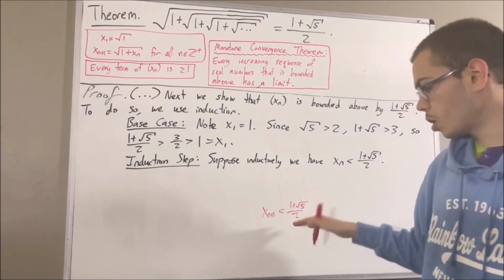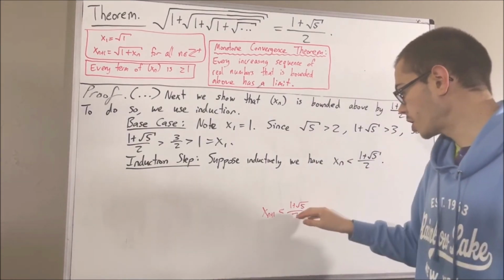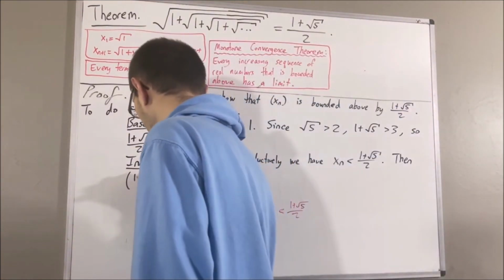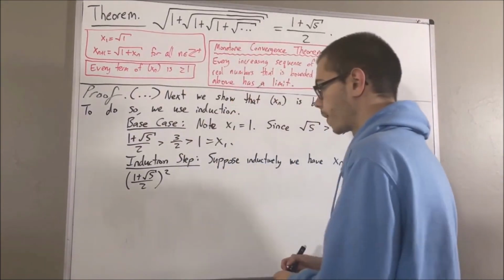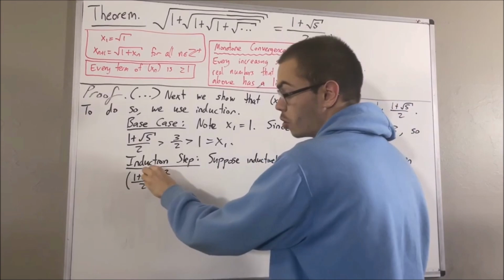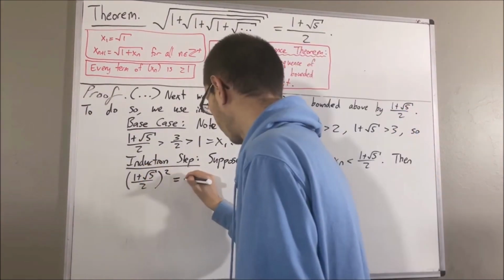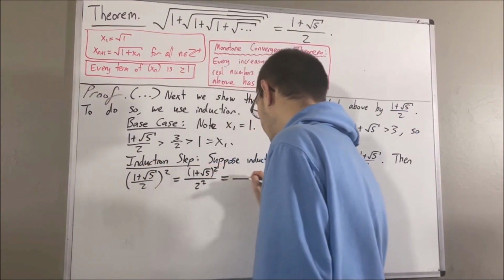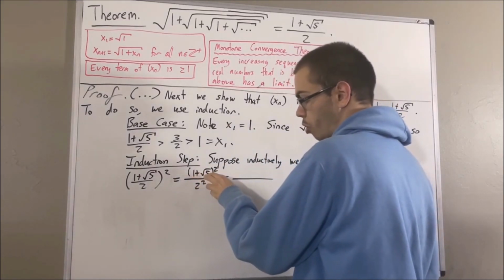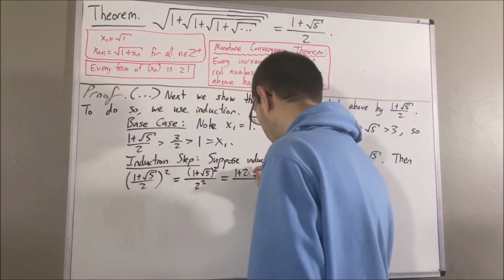And so, to show that, well, let's consider writing out the golden ratio squared. Well, we know that the square of a fraction is just the square of the numerator over the square of the denominator. And if we expand out the numerator, it's just going to be 1 plus 2 square root of 5 plus 5.